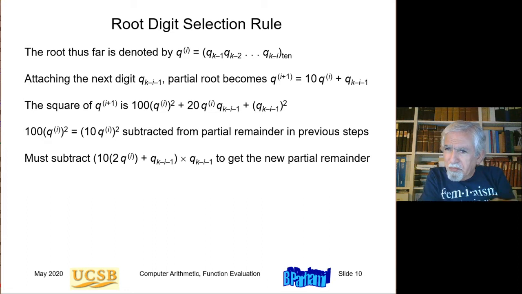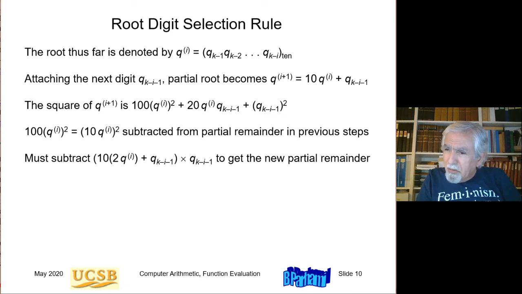Attaching this I plus first digit to the partial root will make the next partial root 10 times the previous partial root plus the new digit. Basically, when you attach a digit to the right end of this, you're forming a number that is 10 times whatever number this is, plus this digit. Okay, so this will be the next partial root.